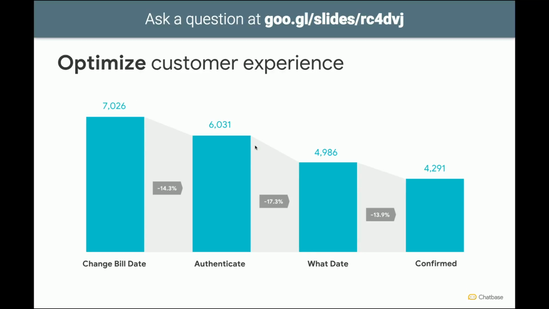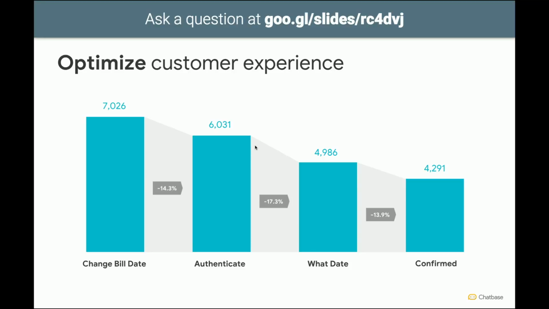The final step to optimize is to really check your funnel per intent. Make sure that people are getting through the steps in that intent. So in this case, you can see that the change bill due date has a drop off, and only a subset get to the final confirmed step.